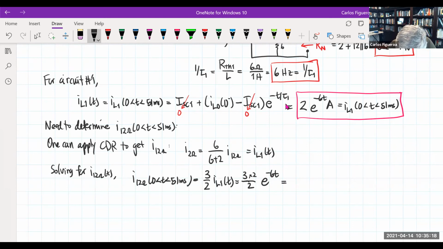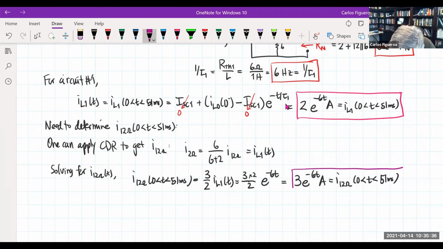So therefore, I should have 3 e to the minus 6t, and that should be amps. That's going to be the current of the 12 ohm between 0, t, and 51 milliseconds. I'm going to do that in purple so that I can come back and look at this.